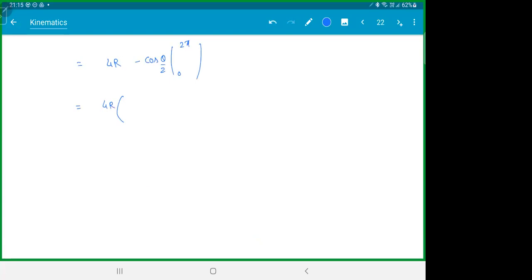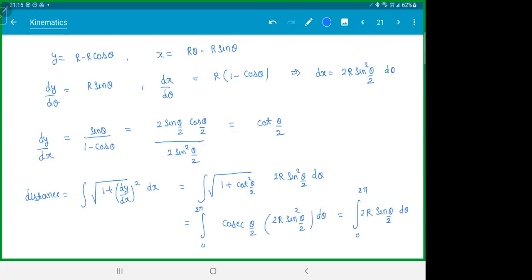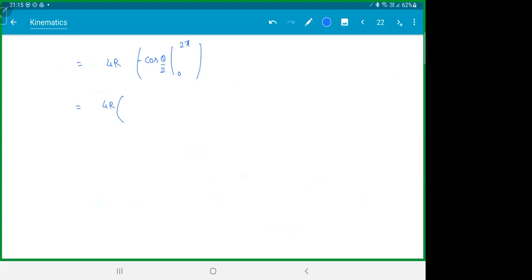Do I get a minus sign? Yeah, I do get a minus sign. And substitute there, you end up with a minus sign, and this would be cos pi minus cos 0. Cos pi is minus 1, and with the 2, that will be 8r. That is your distance.